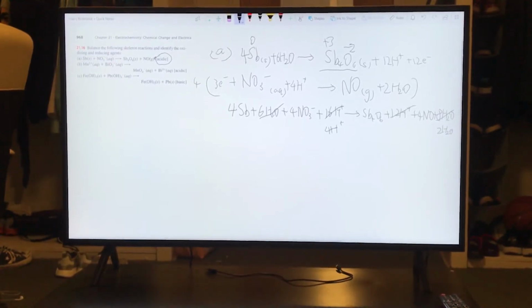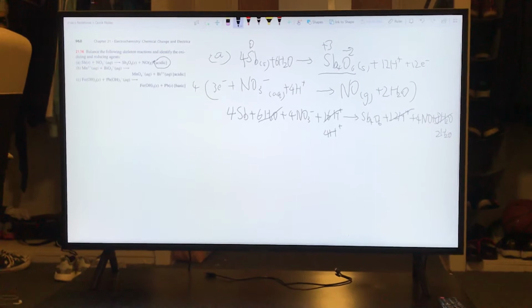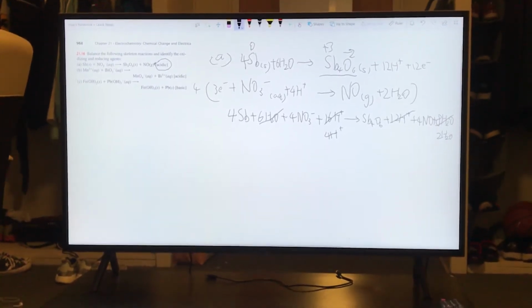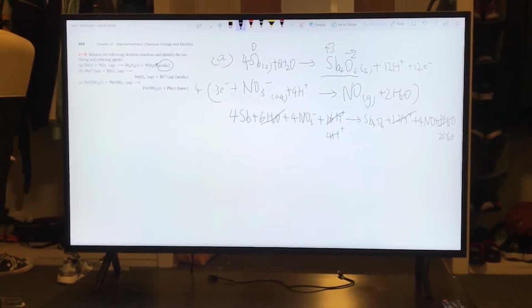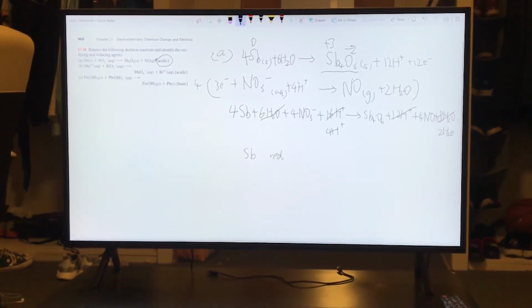So the oxidation number of Sb increases, which means that Sb is being oxidized. And we know the concept that something that is being oxidized is a reducing agent. So Sb is the reducing agent.